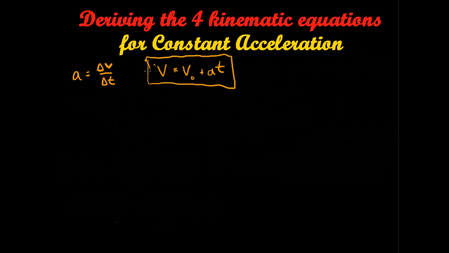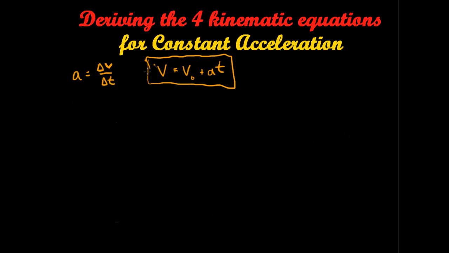You're on to your next problem on your test, and suddenly it's asking you about the final position of an object, knowing the initial position and the average velocity and the time, and you're like, darn it, I don't remember that formula. I don't remember that expression.